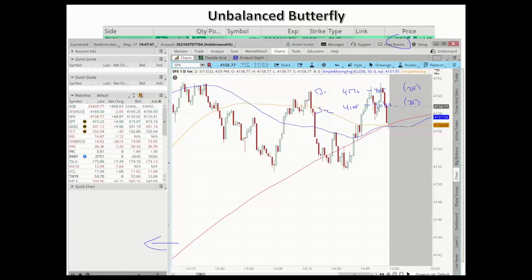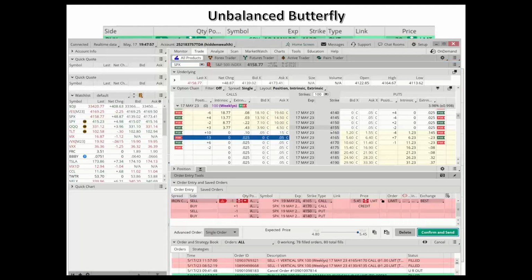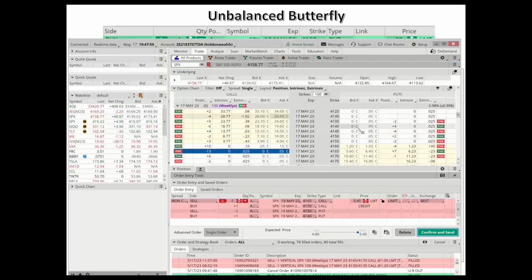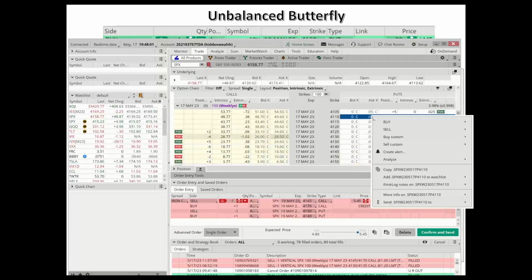If you wanted to buy a traditional $25 butterfly with equal separation instead of the unbalanced, look at the price.